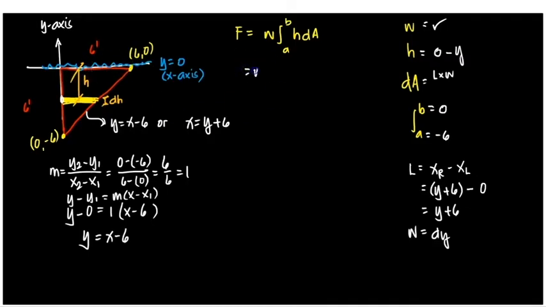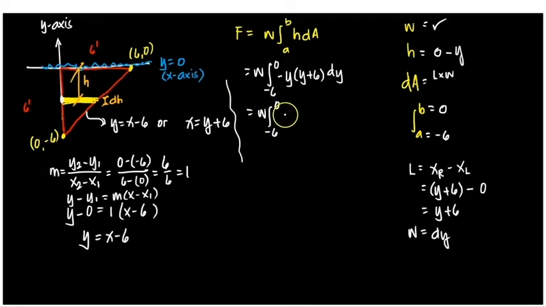Therefore, this one would have a formula, -6 up to 0. The h now is -y. The dA would be L times W. L is y plus 6. W is dy.